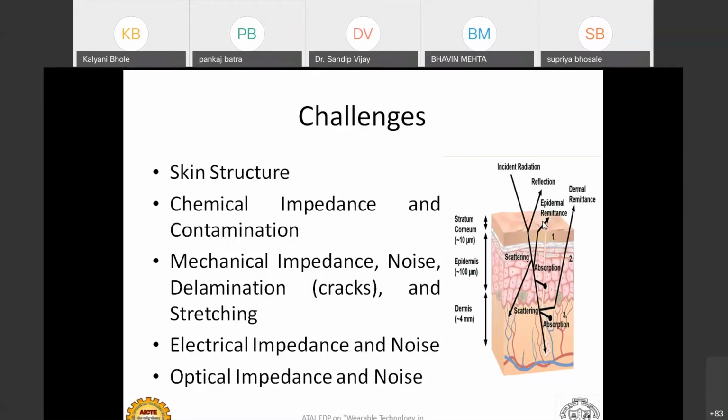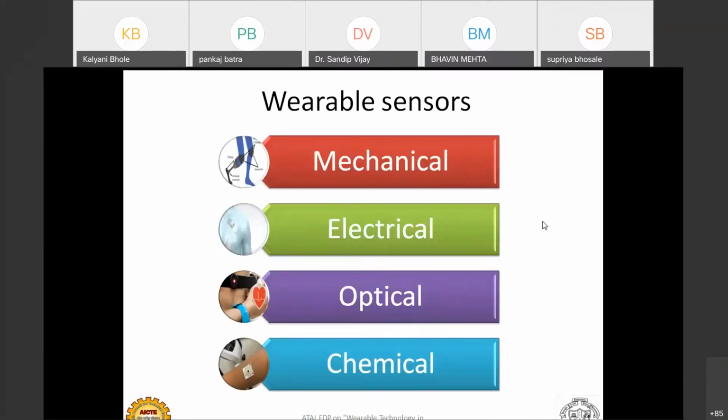We have to work with dry skin, because in wearable sensor technology, you don't have the scope to remove and apply again and again. And continuous use of that gel will cause irritation. So these are the challenges for sensor development for wearable technology. Now we will see what the types of sensors are.